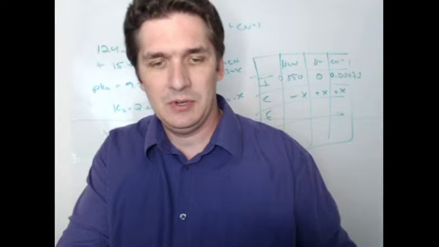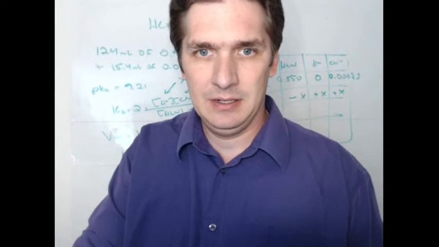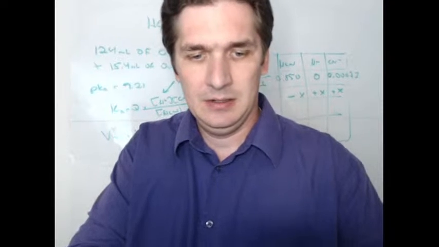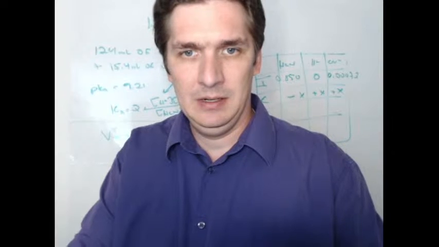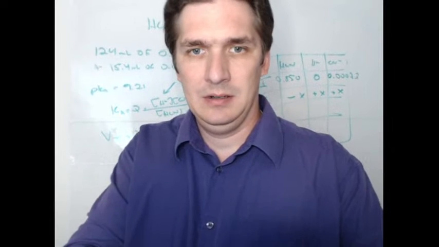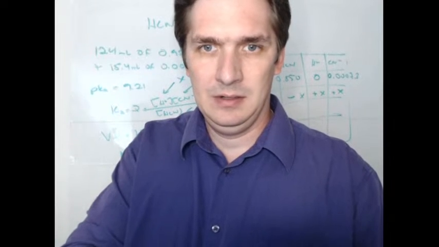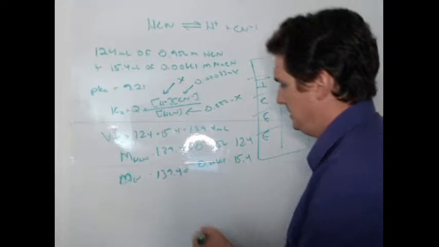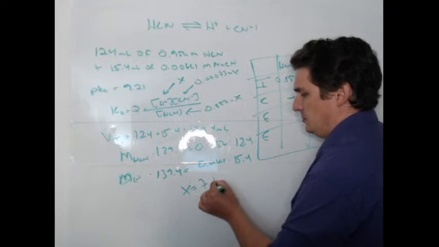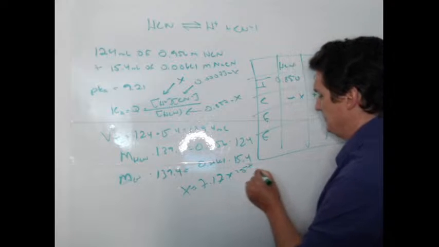When I stick that into the quadratic equation, I get two roots, and the root that makes sense is 7.17 times 10 to the negative 7.